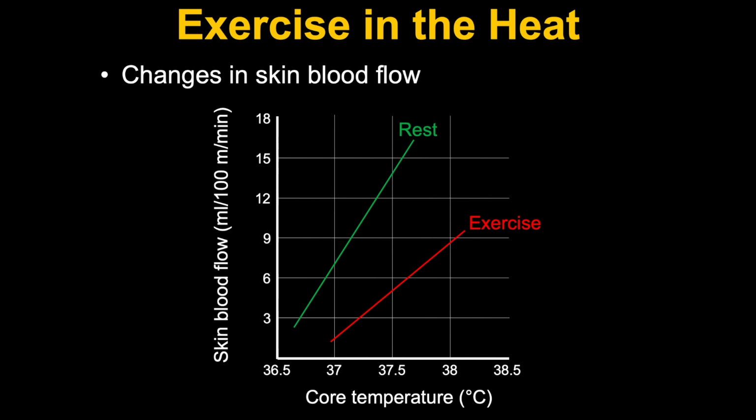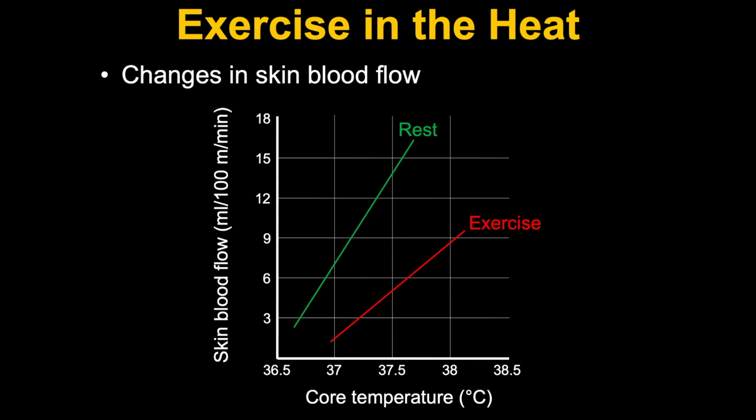The skin blood vessels are going to be constricted and blood flow to the skin is going to be quite low. As exercise continues, skin blood flow is actually going to rise at a much slower rate compared with the resting condition. This highlights the competition that exists for blood flow between the skin versus the contracting skeletal muscle.